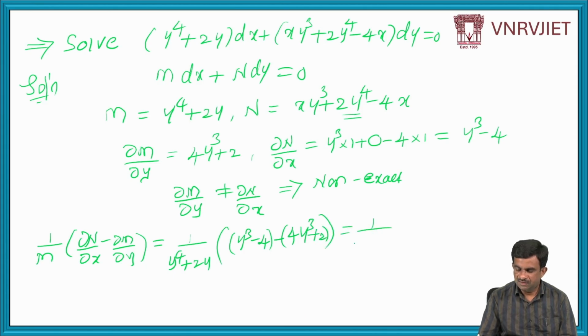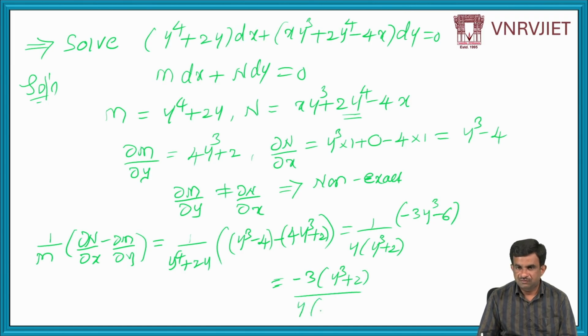So this is equal to 1/(y(y³ + 2)). In the numerator we'll get minus 3y³, and minus 6. So by taking minus 3 outside, (y³ + 2) divided by y(y³ + 2). So this is equal to −3/y we got. So this is a function of y here.